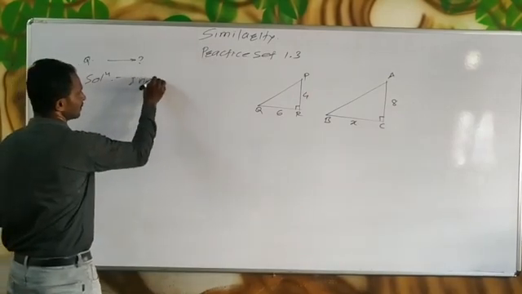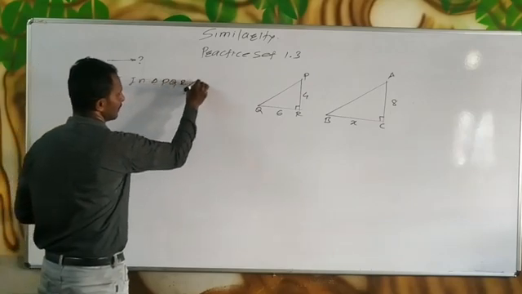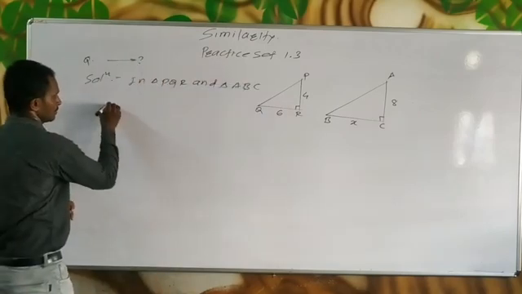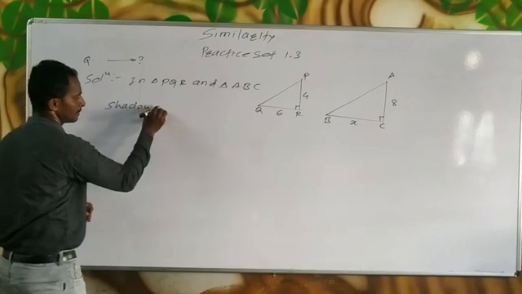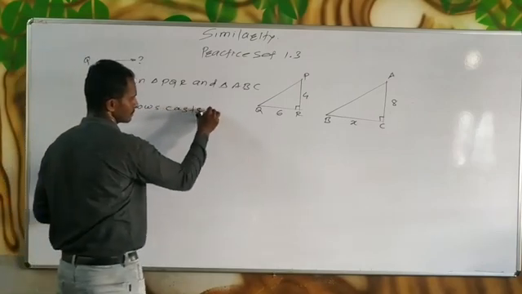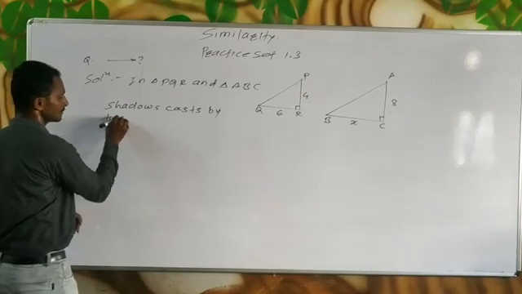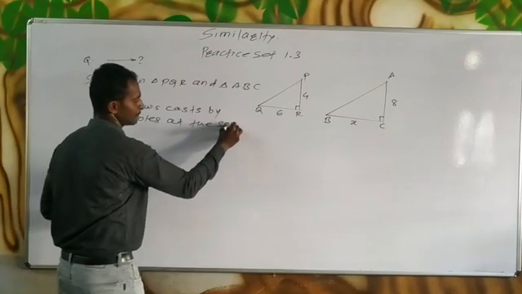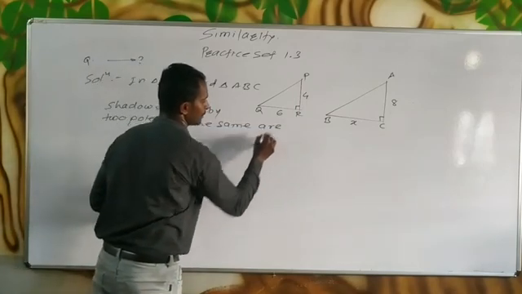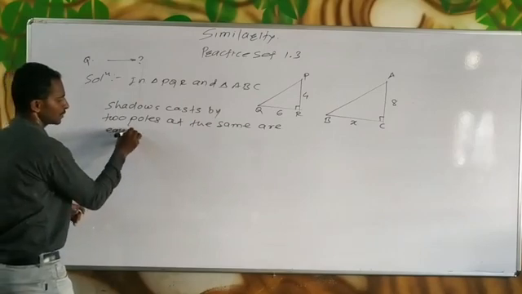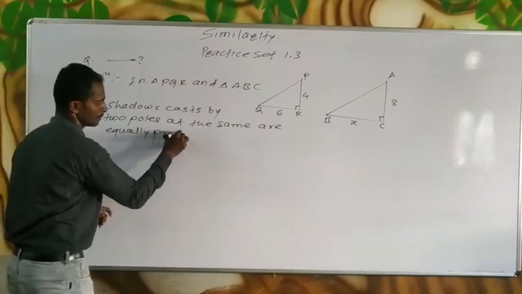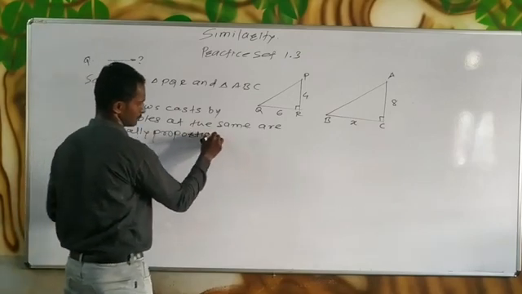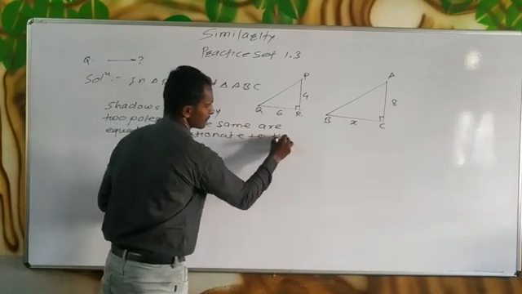In triangle PQR and triangle ABC, shadows cast by two poles at the same time are equally proportional to their heights.